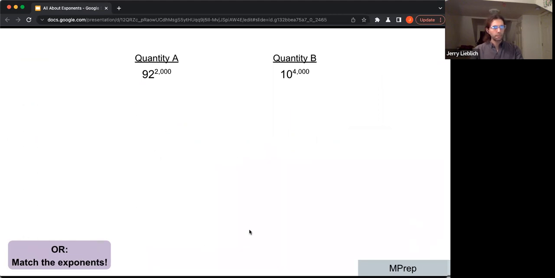Next way of doing it would be as if we try to match the exponents. Now I'm going to work on quantity B, and I'm going to say, well, I want this to be something to the 2,000th power. So I'm going to kind of reverse engineer this exponent here. Call it 10 squared to the 2,000th. How did I know to do that? Because I wanted 2,000 on the outside.